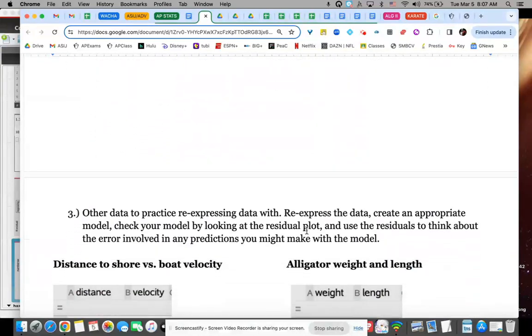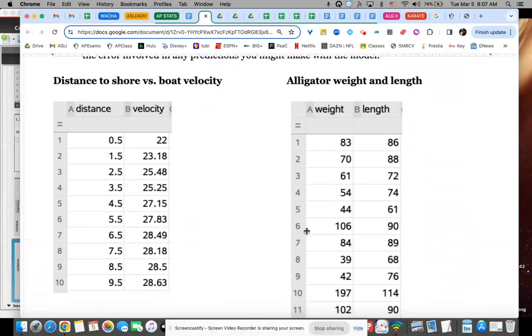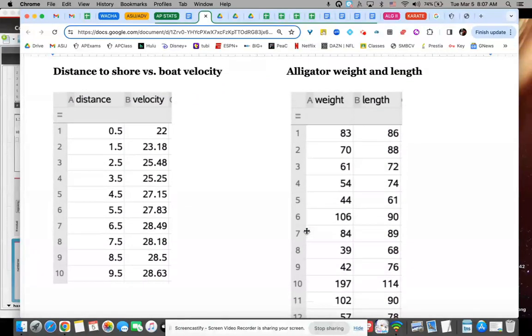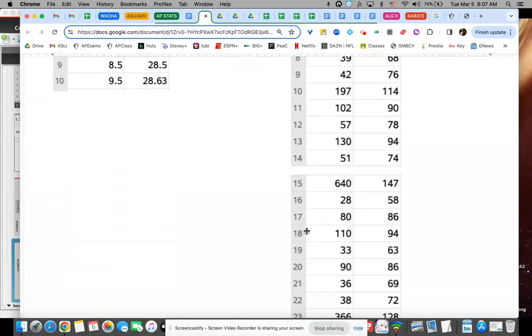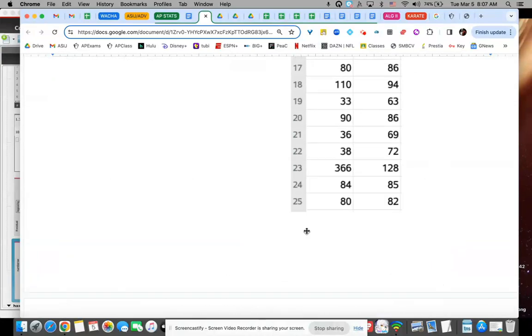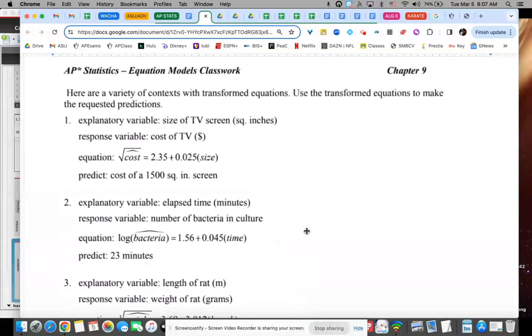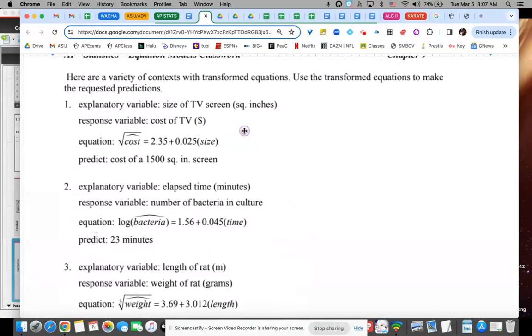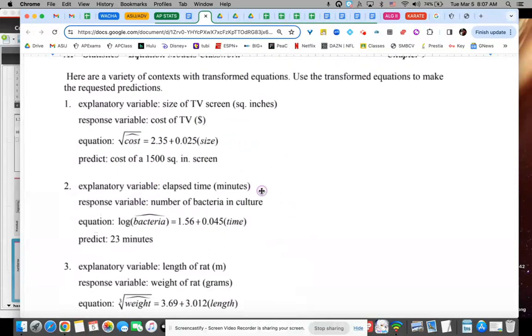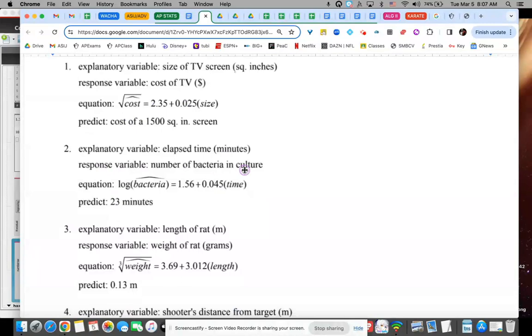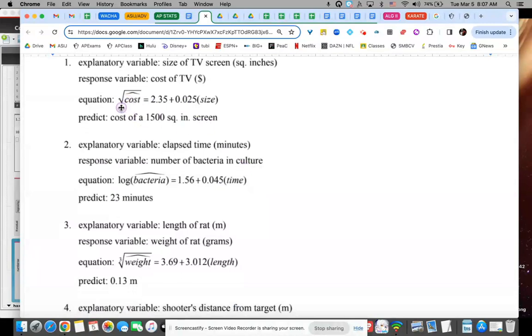Okay, so we got other data sets, right? There's the baseball one, the shore and boat one, the alligator one. Let me just do the alligator one and I'll be done with that part of the video. I do want to try some of these things down here. This is very important, to be able to solve and use an equation that's already been re-expressed.